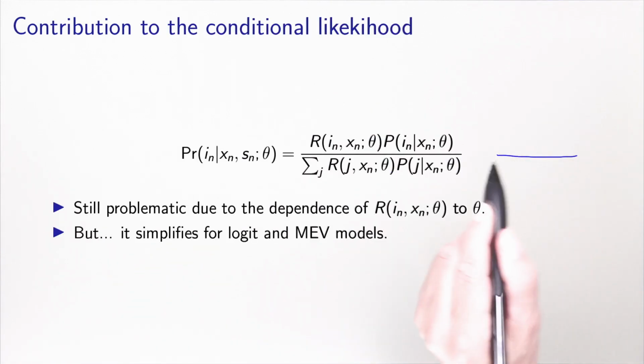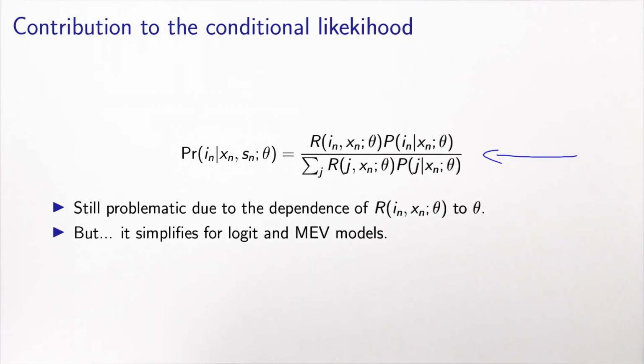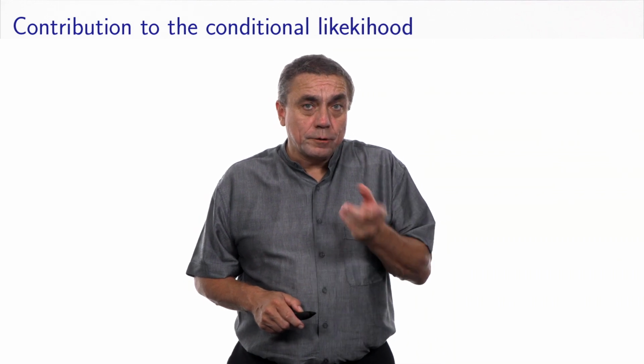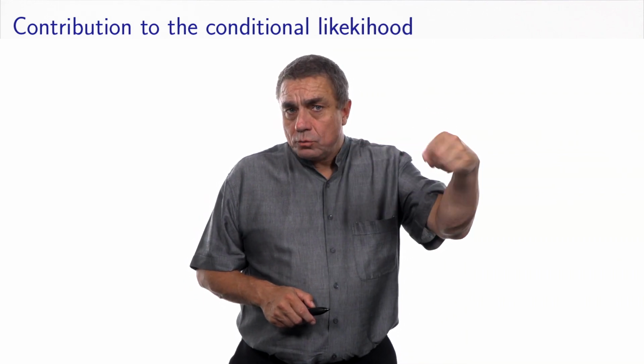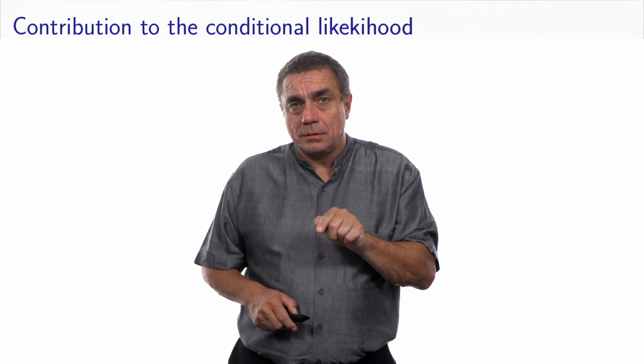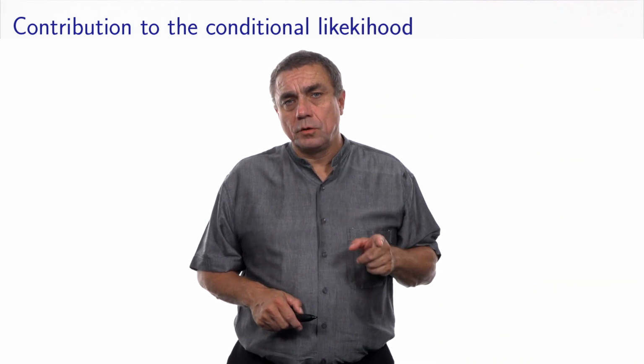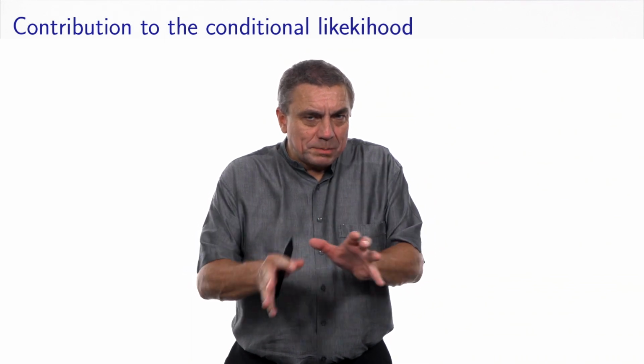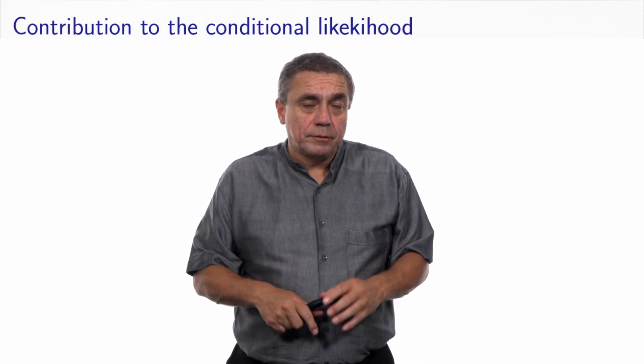We have obtained the contribution of individual n to the conditional likelihood function. This is still complicated. In particular, the fact that the probability to be in the sample depends on theta complicates a lot the formulation. But again, there are some specific cases where it will simplify.